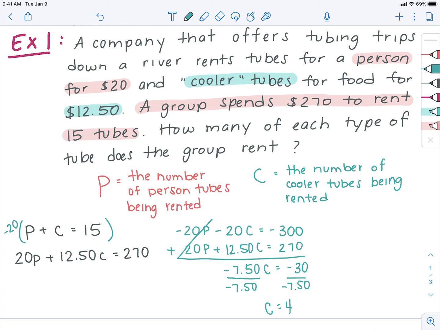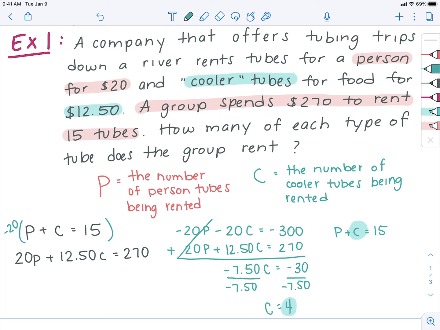Am I done? Did I answer the whole question? No. I know that I bought 4 coolers, right? 4 cooler tubes, but I still need to know how many person tubes I bought. So I'm going to go back. I'm going to take that first equation, the one before I multiplied by negative 20, the P plus C equals 15, to solve for P because that's my easiest equation to work with. So I take P plus C equals 15, and now I know that C is 4.